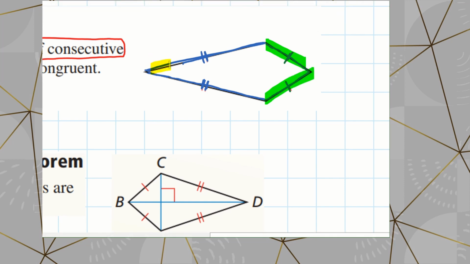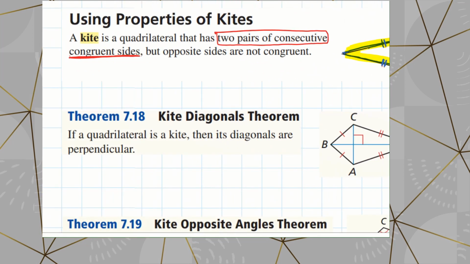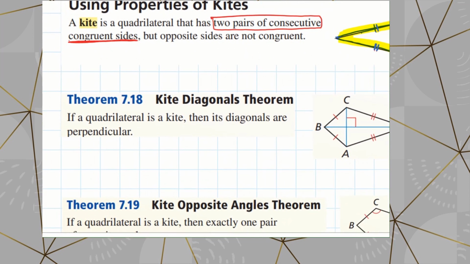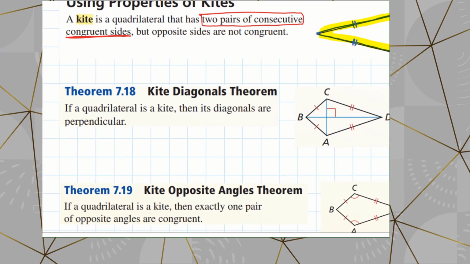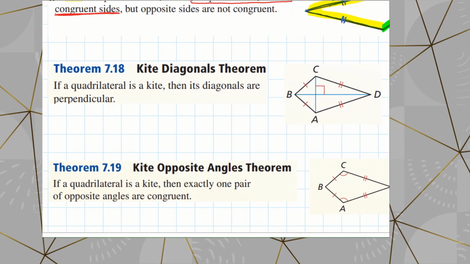So unlike your other parallelograms where the opposite sides were congruent, it's not true for your kites. Here I've highlighted the pairs of sides that are congruent to make them more obvious.